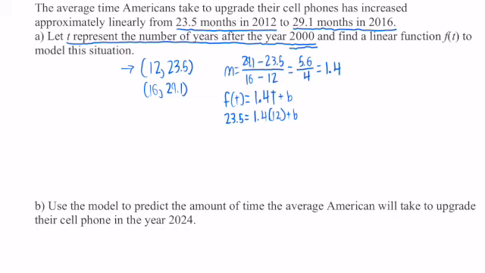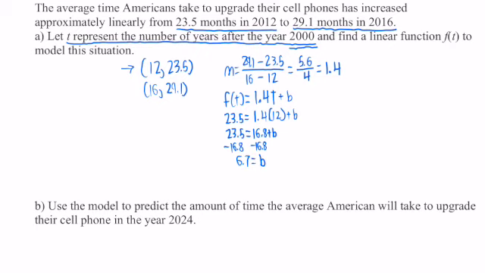So let's see, 1.4 times 12, we have 16.8. So 23.5 equals 16.8 plus b. Subtract 16.8 from both sides. 23.5 minus 16.8, we get 6.7 equals b.